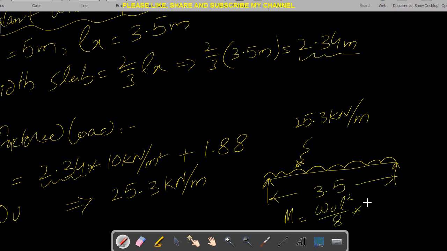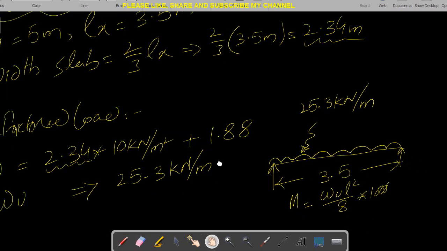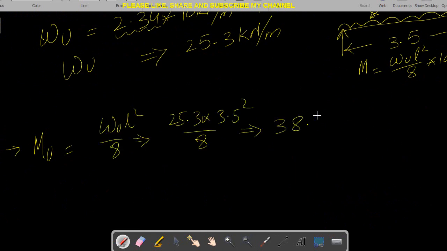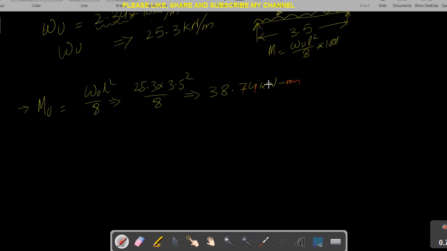It will be multiplied by 1000 to convert it into millimeter if needed, right? So let me calculate MU. My MU equals 38.7. Now be careful with this value, right? This is important.